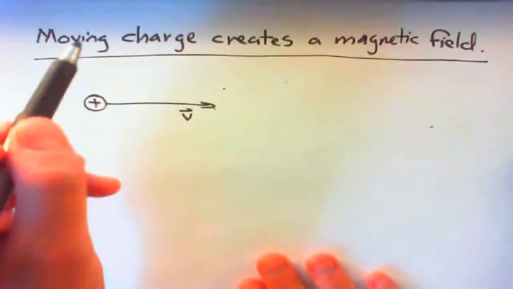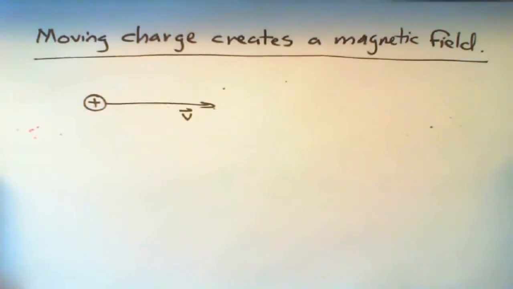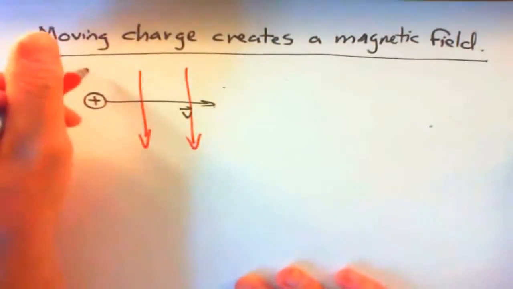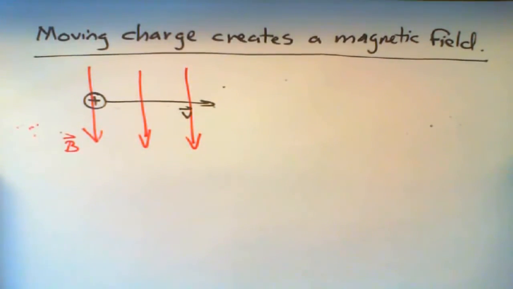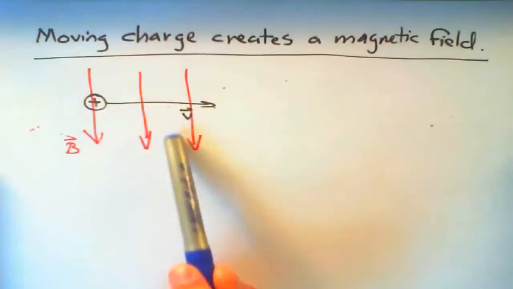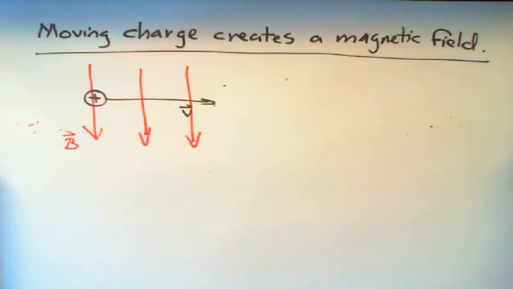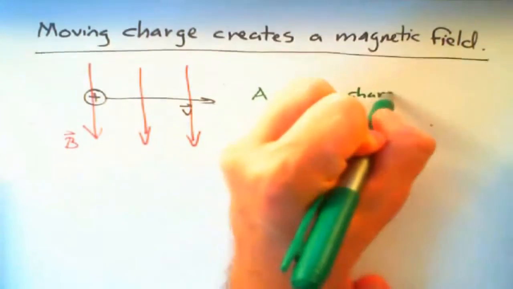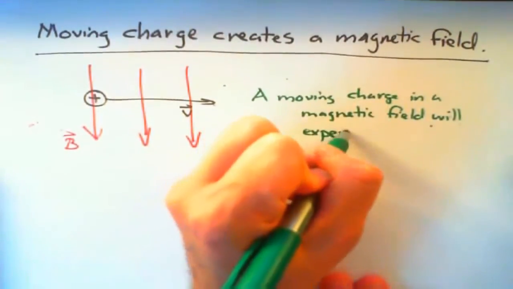If a moving charge moves through an external magnetic field, so if there's already a magnetic field there, the magnetic field created by the moving charge and that external magnetic field will interact. And when they interact, it will cause a force on the moving charge. So a moving charge in a magnetic field will experience a force. That's because the two fields are interacting.